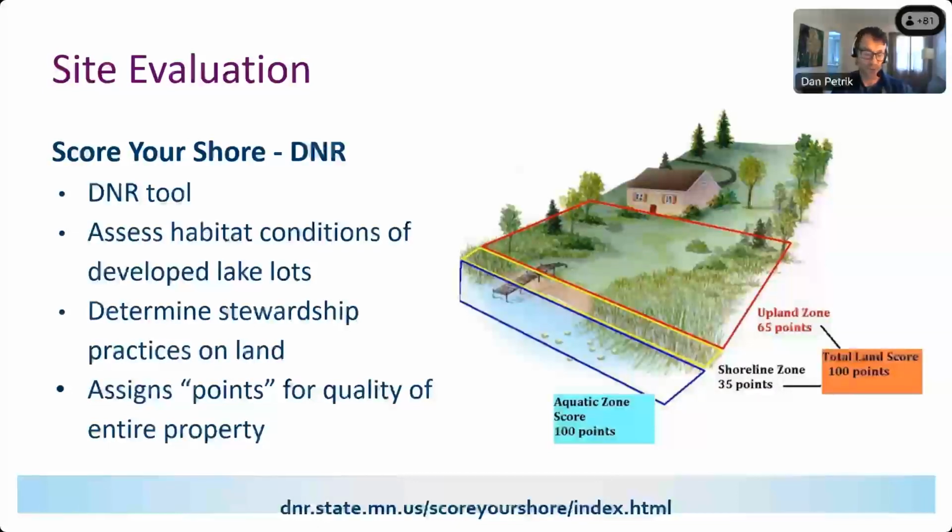That's an internal survey that DNR ecologists use. But the Score the Shore is on our webpage, and it helps you to evaluate your site, and then it also takes you into a restore your shore sequence of events on how you might actually restore it based on the score. And that tool has a lot of resources in terms of plant recommendations.